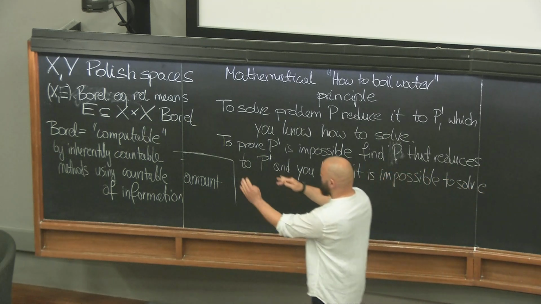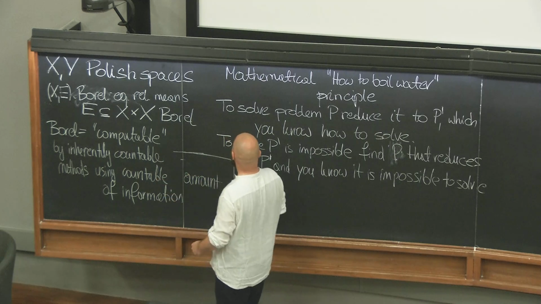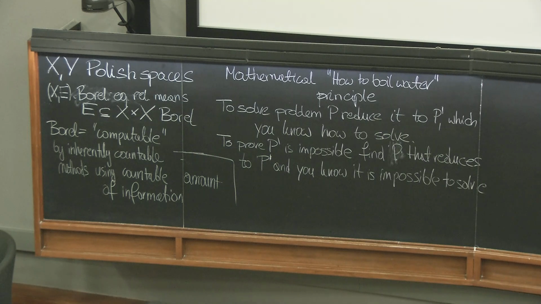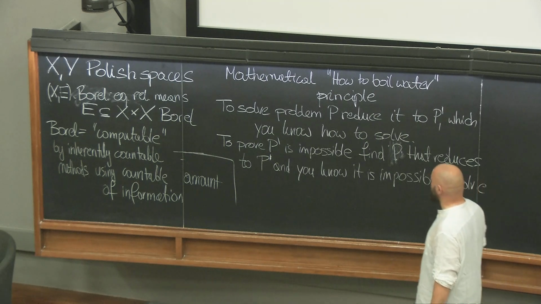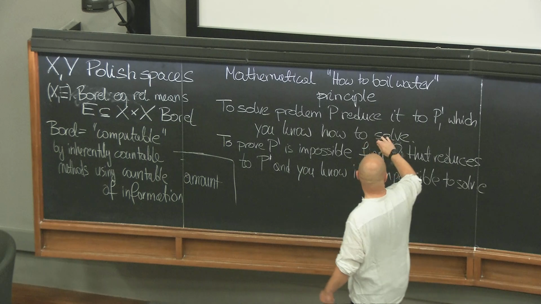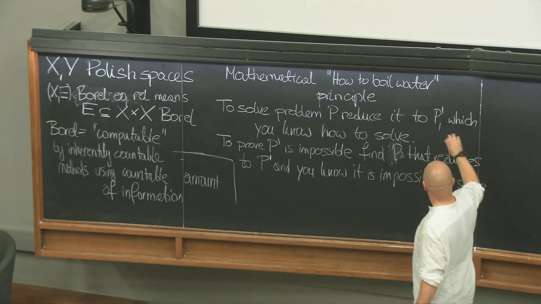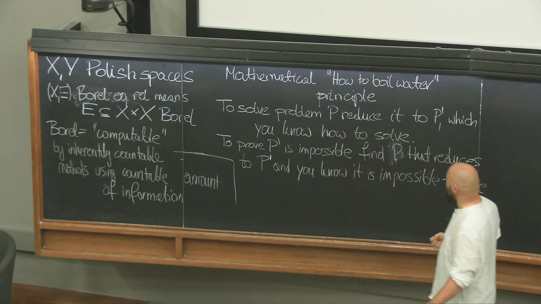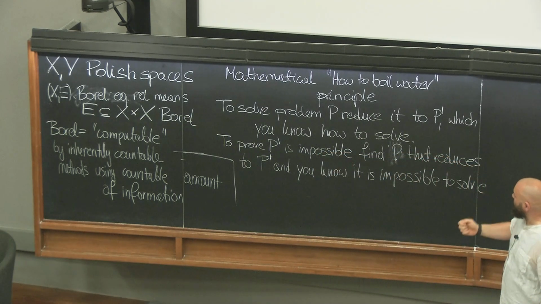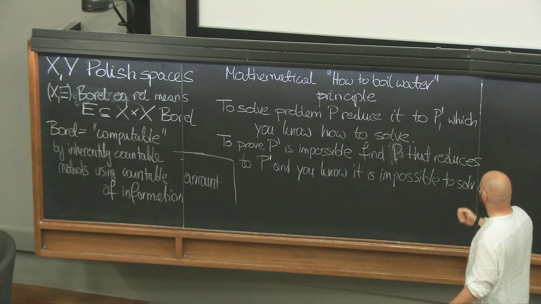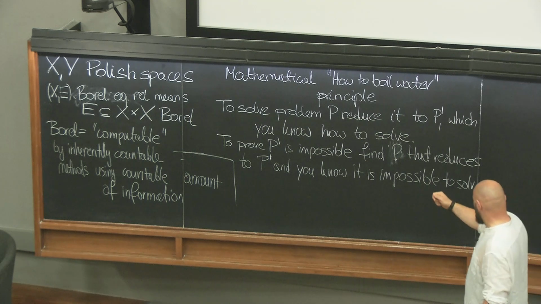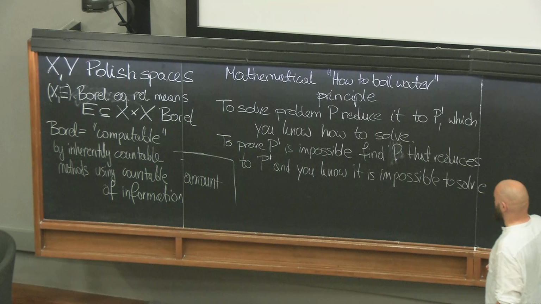Knowing that computability means Borel, we now turn to the mathematical how-to-boil-water principle, which says that in order to solve problem P, reduce it to problem P prime, which you know how to solve. The contrapositive is that to prove that P prime is impossible, find a P that reduces to P prime, and you know it is impossible to solve.